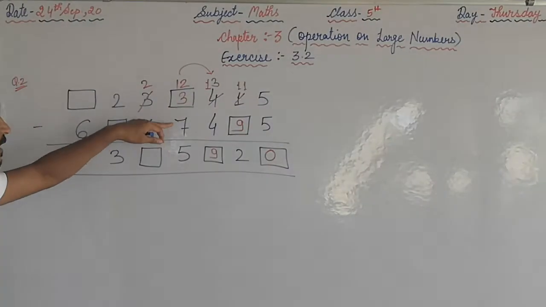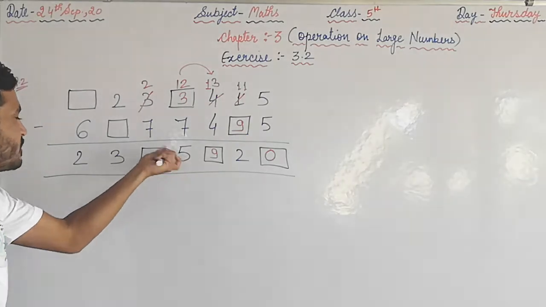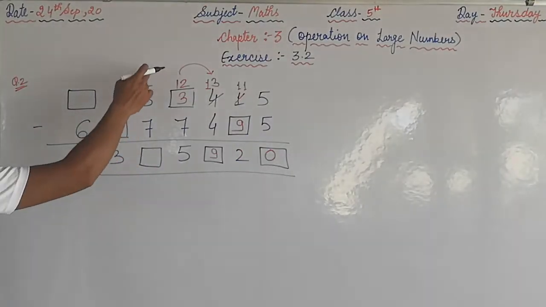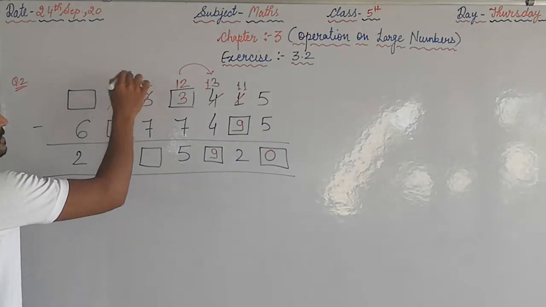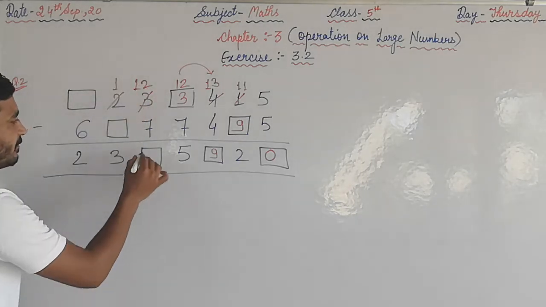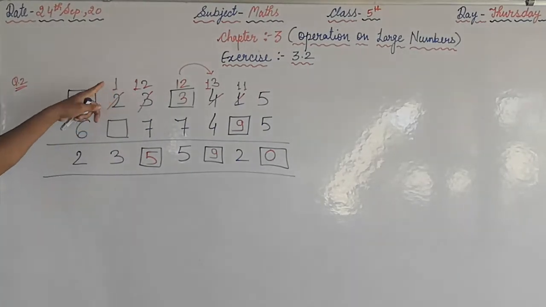Now 7 you have to subtract from 12, the result should be there, that is 5. 12 minus 7, 5.